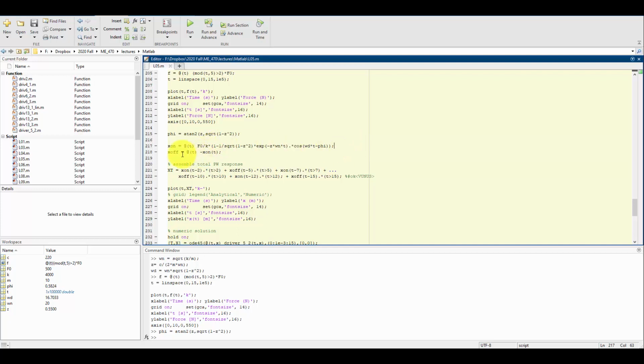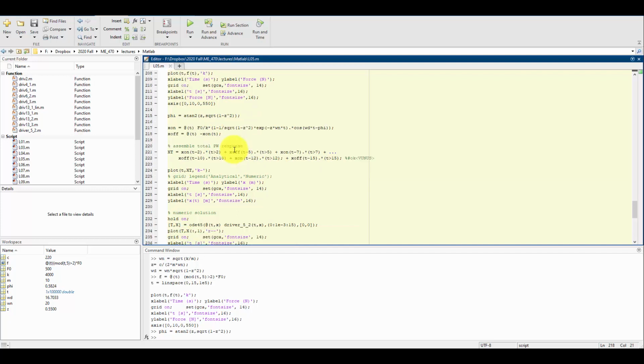And then I'm defining x off as just negative x on, because this is for every time I am applying a negative 500 amplitude step function, which then keeps repeating itself. So I can boil it down to x on and x off, where x on is really just the x of 2, and x off is the negative x of 2.